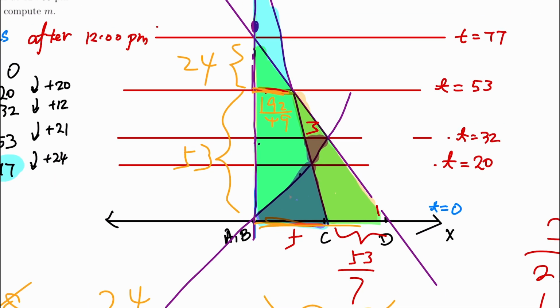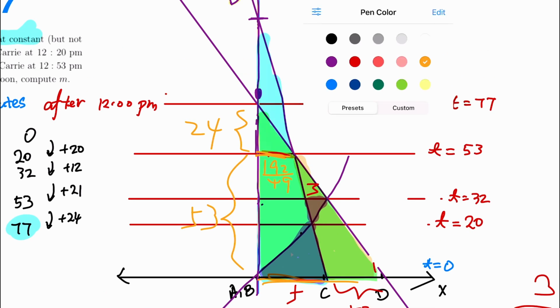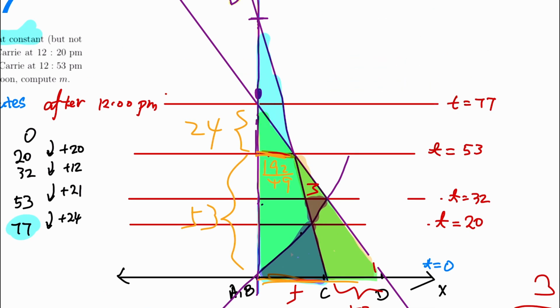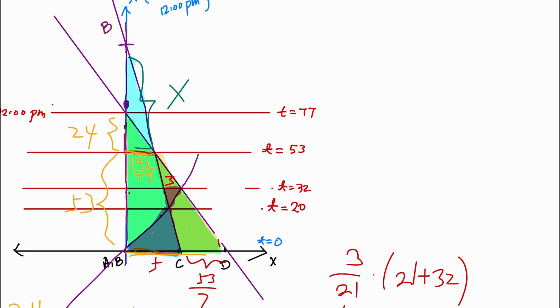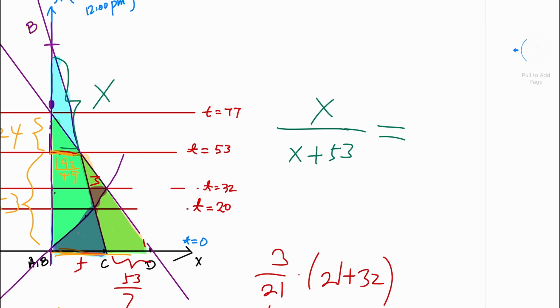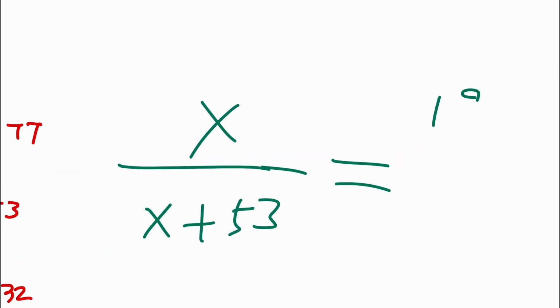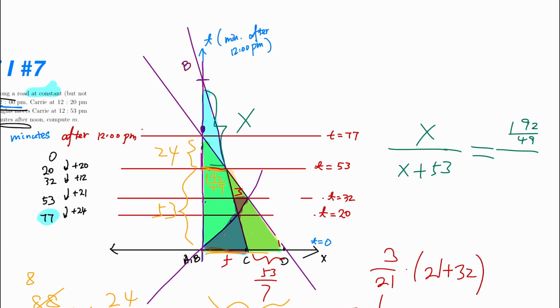Well, we know this length. We can set, alright, we will use a green color. We can set this as x. Now, we can simply just do x over x plus 53, and that is equal to 192 over 49 over 5.